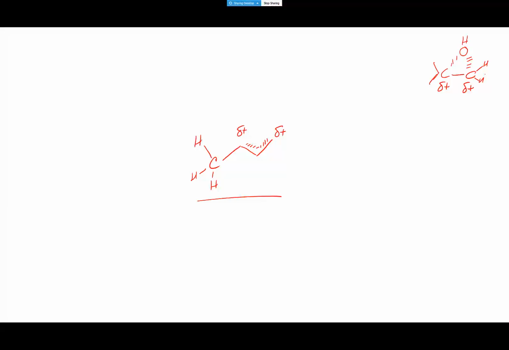So if the bromine's going to react, which carbon is it going to react with? What I should probably say is this. I'm going to react the Br minus with both of the carbons. I'm going to react it with 2, and I'm going to react it with 4.